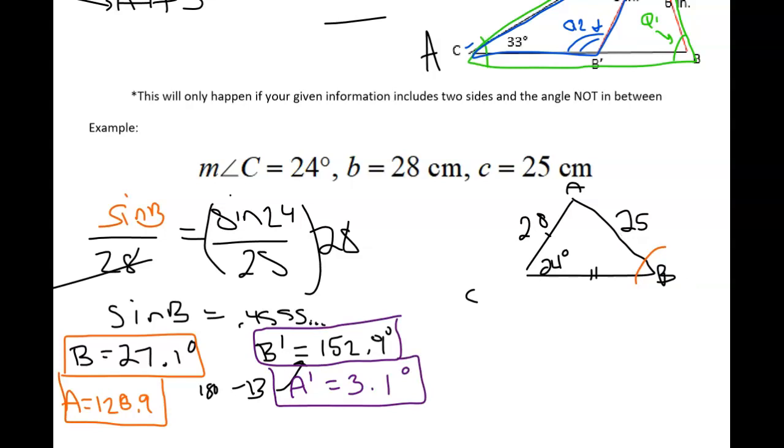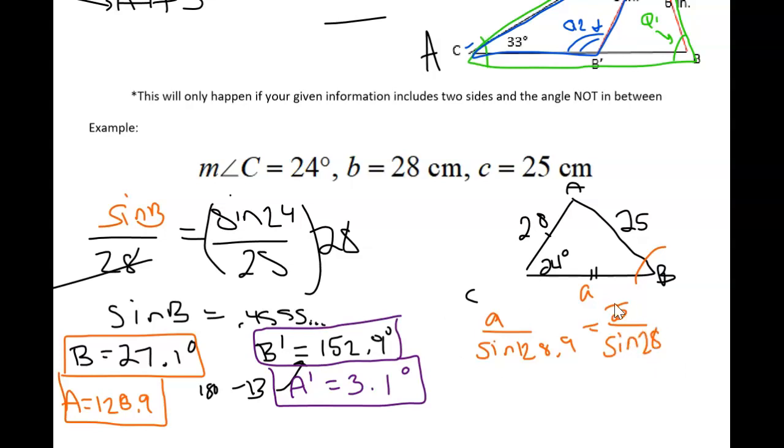For the first one, I've got angle B, angle A. I'm only missing side A. Now, if you look, angle A in this first example is obtuse and quite large. That means side A should be the longest side of 25 and 28. Set up our ratio. A over sine 128.9 equals, the pair of sides I was given was C. So I'm going to use C over sine C because I know that has not been rounded.